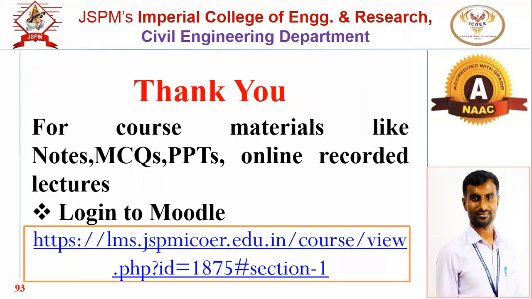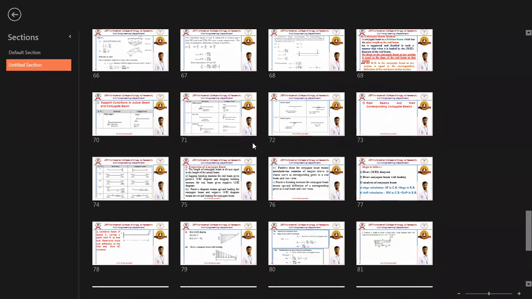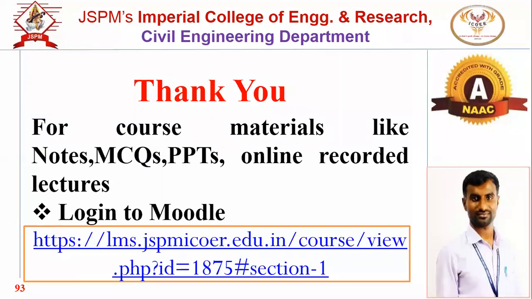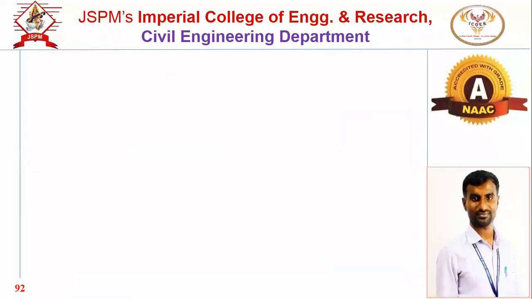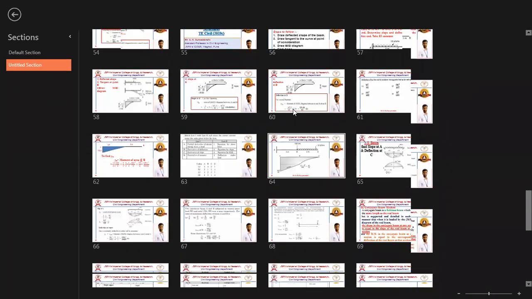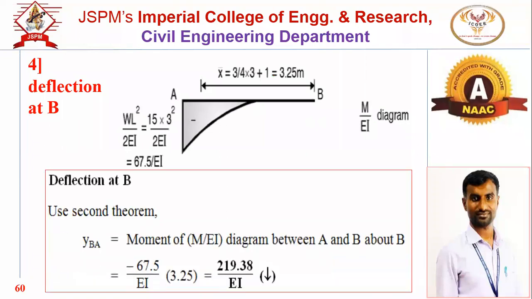So for deflection, moment of that area we have to consider, and that particular distance will be: minus 67.5 U by EI into that distance, 3.25.